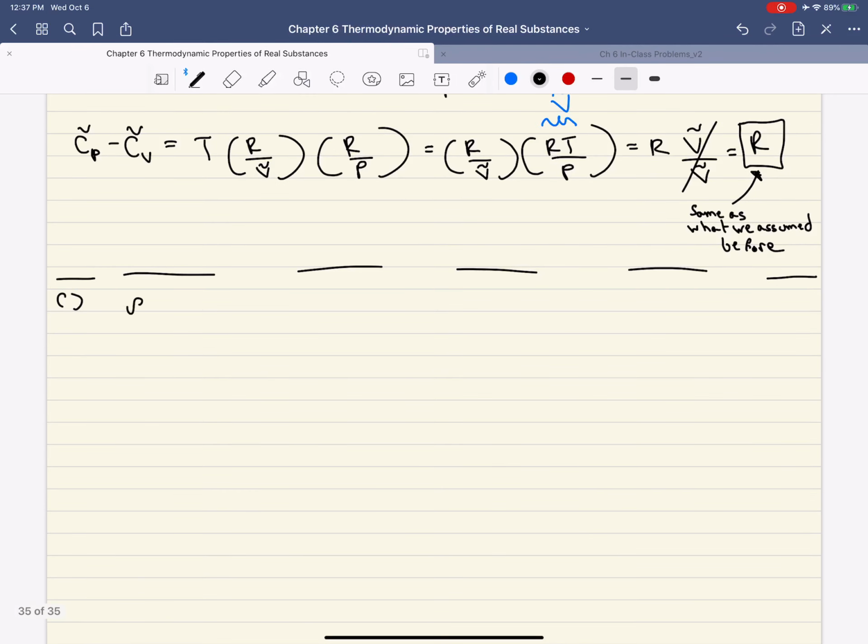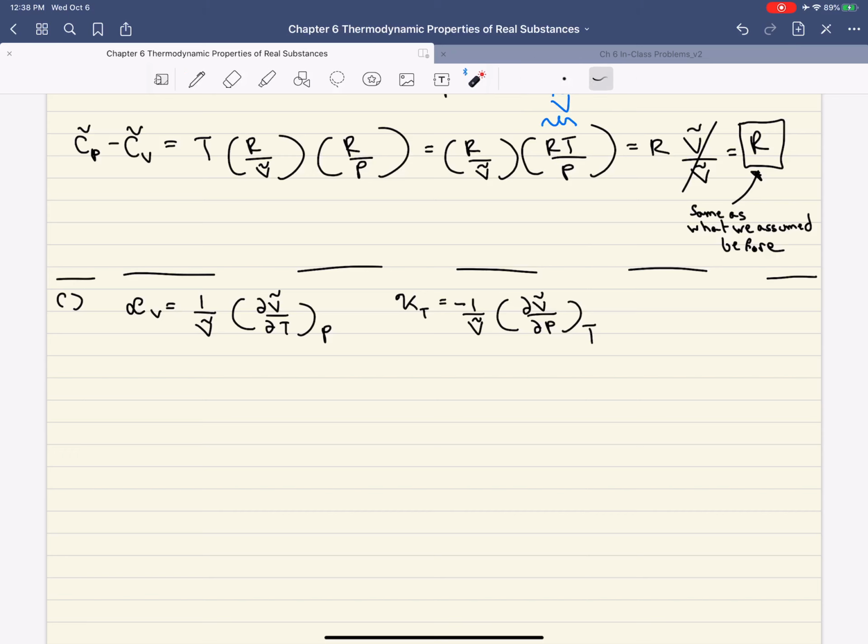All right, so alpha V is equal to this, and kappa T is equal to this. Okay? All right, and so these are the definitions of alpha and kappa.